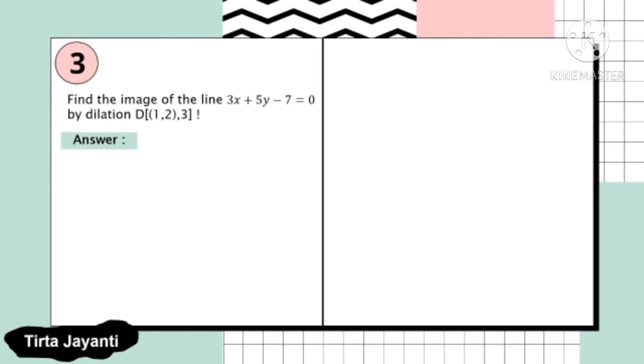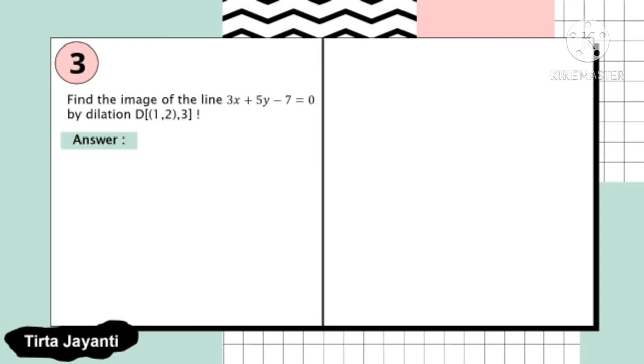To find the answer, we know this problem can be solved by using the method of dilations, where the dilation center is A, B. So A is equal to 1, B is equal to 2, and the scale factor K is 3.